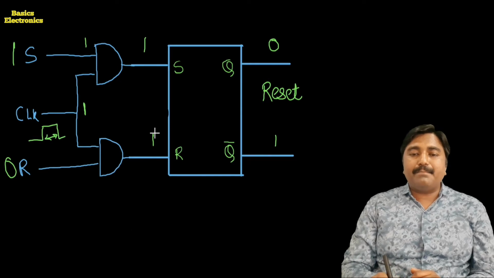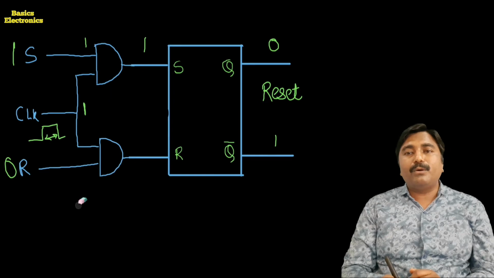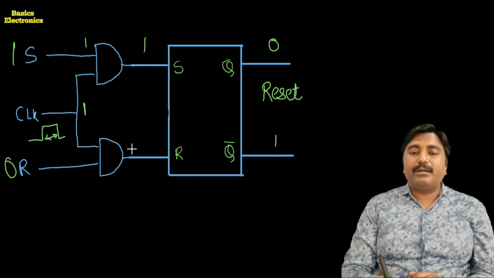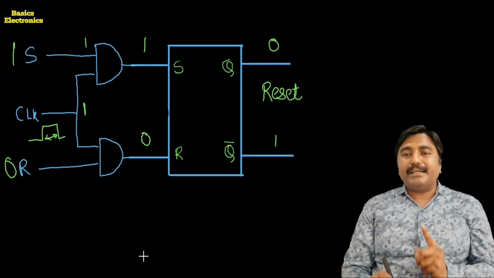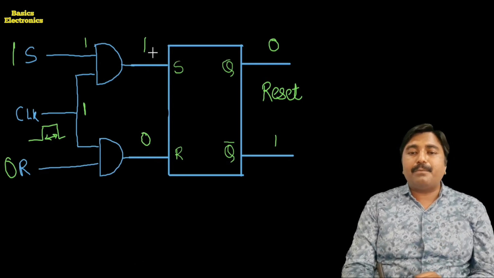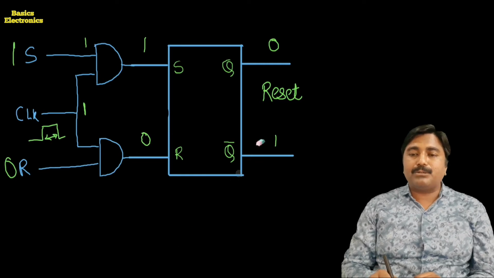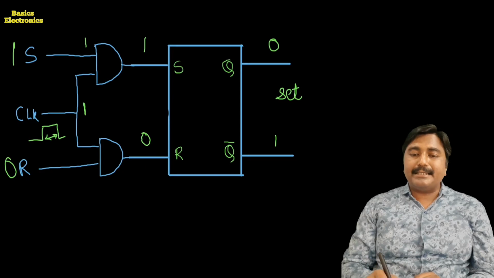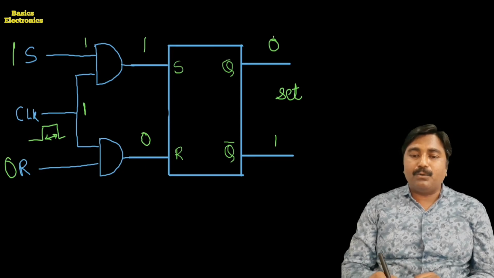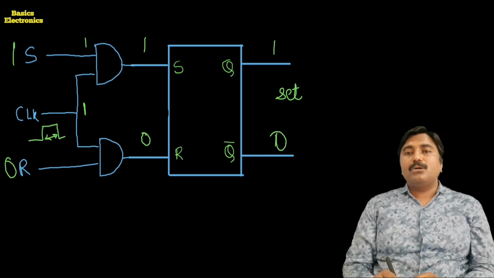As one input of the lower gate is low, the lower AND gate produces a low output. It means the S input of the flip-flop is equal to 1 and the R input of the flip-flop is equal to 0. We say the flip-flop is in the set condition, producing the output Q equal to 1 and Q bar equal to 0.